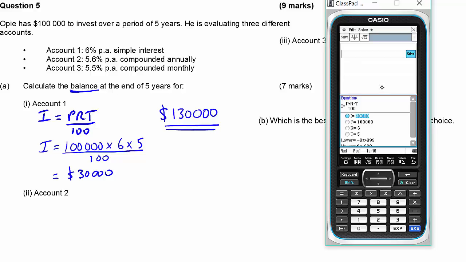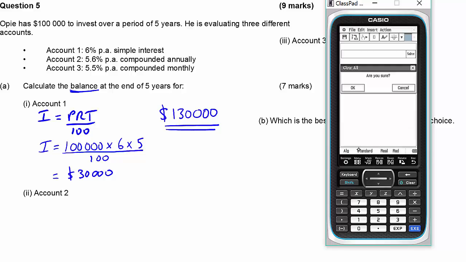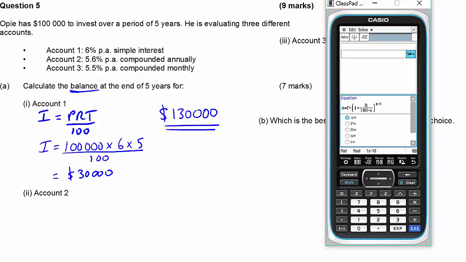Now account 2 is compound interest, so we need to close this one. You won't need to do that. And open the compound interest. And here's all the things we need.